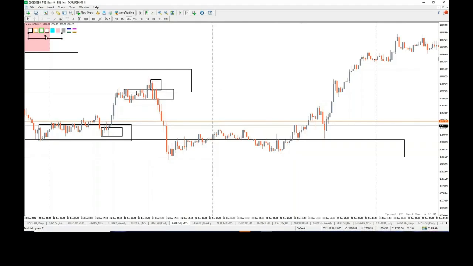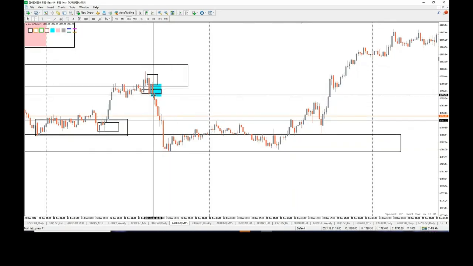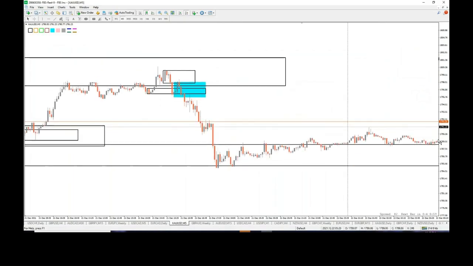Second one works just fine. If you want this zone to break, also can. You wait for it to break and you enter right here. So along the way down, you have to look for sell.